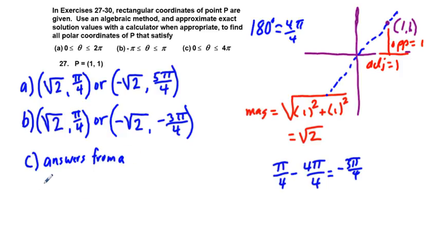And we're going to have square root of 2, and in this case we are going to add not 4 pi over 4 but 8 pi over 4. So we're going to have pi over 4, because the entire rotation is 2 pi. Well, 8 pi over 4 is equivalent, right, to 2 pi. So we're going to get 9 pi over 4.